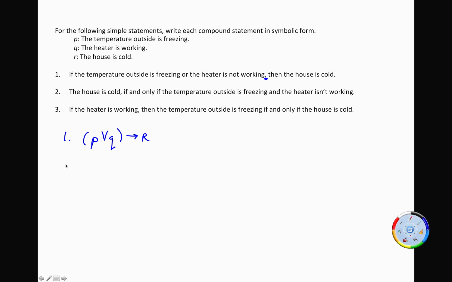Okay, on the second one, find the comma. Okay, so the house is cold if and only if the temperature outside is freezing and the heater isn't working.